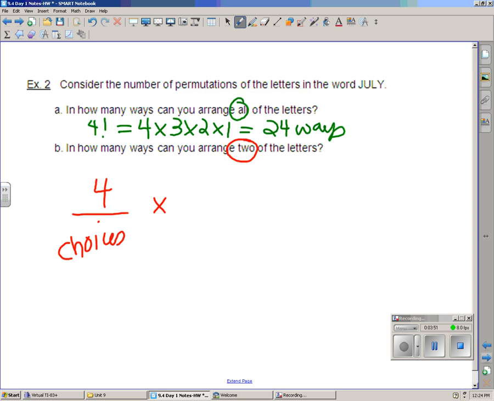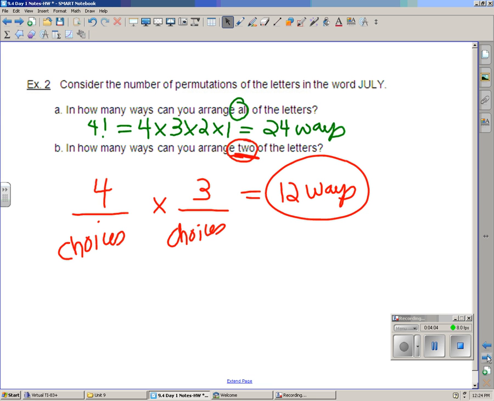And then if I use a letter, there's 3 choices left. I only want 2 letters in my word. So then I've got 4 times 3 for 12 ways. Okay, so a factorial works when it's with all the letters, and a factorial doesn't work quite the way you would think if you have just some of the letters.